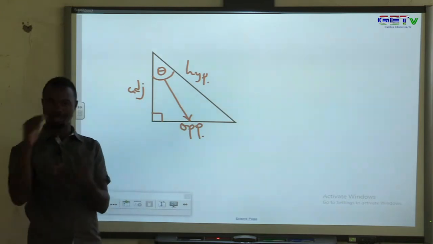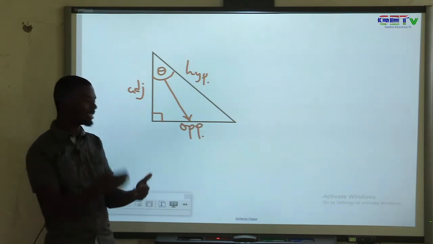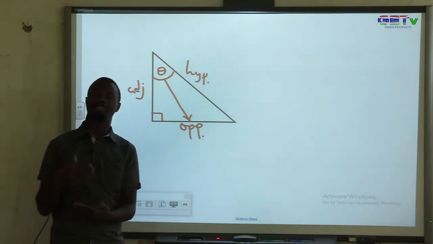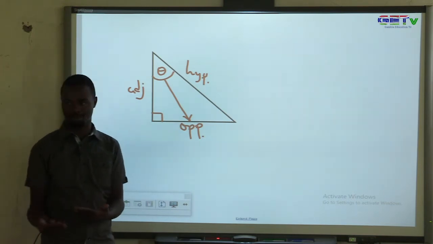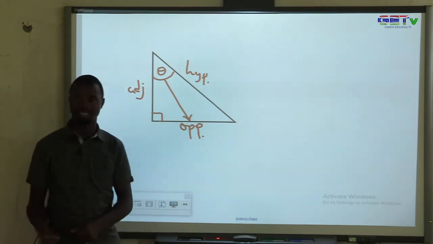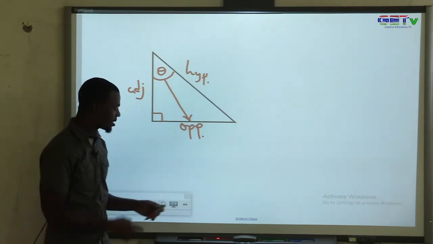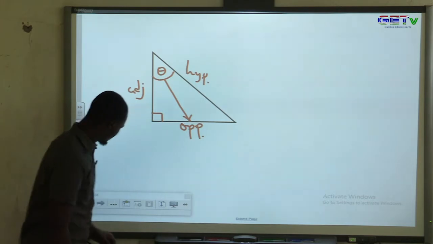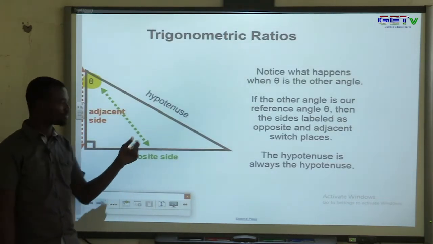We have the hypotenuse, then we have theta, our angle of concentration. The side of the triangle that is directly opposite that angle of concentration, which is theta in this case, is the opposite, and the third side becomes the adjacent. That is just what is explained.